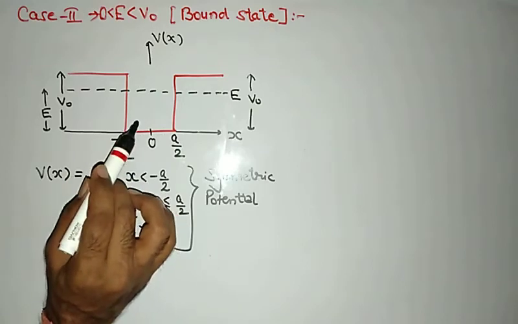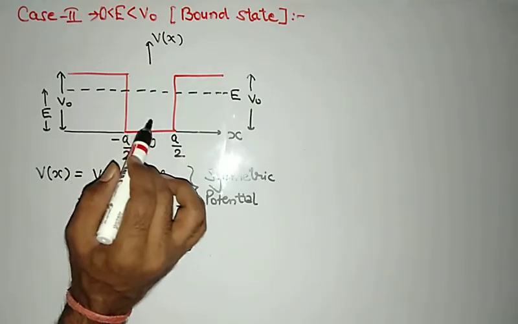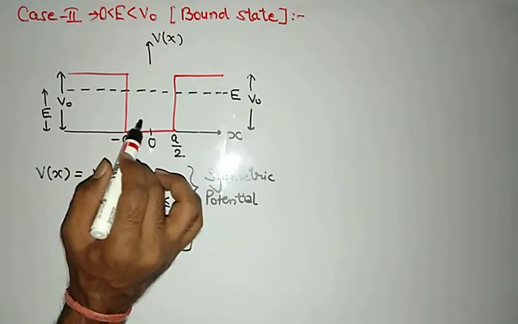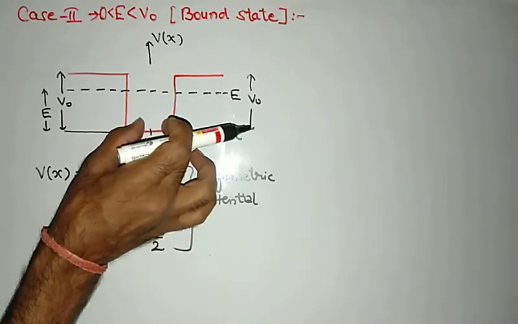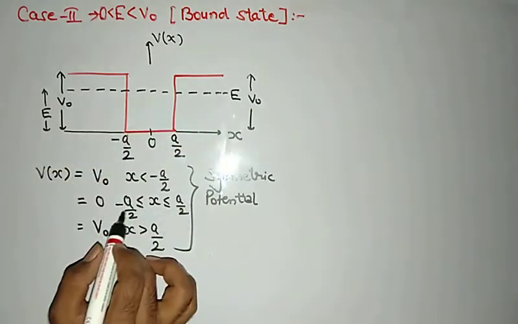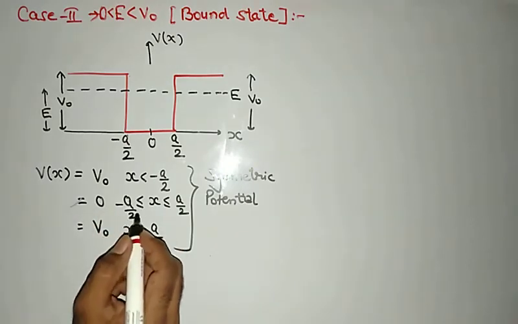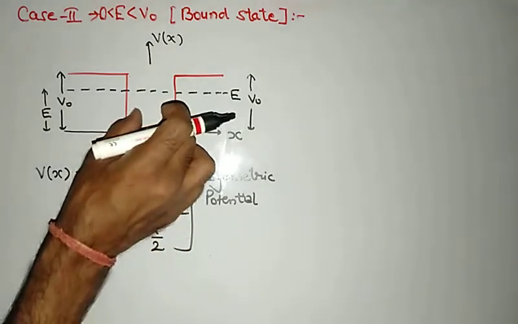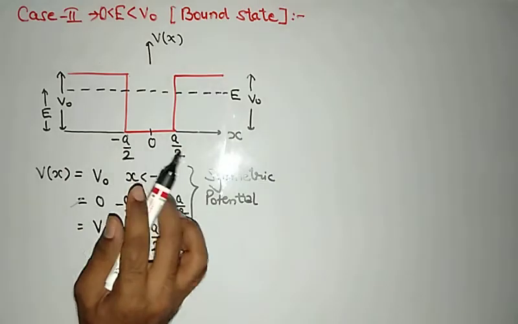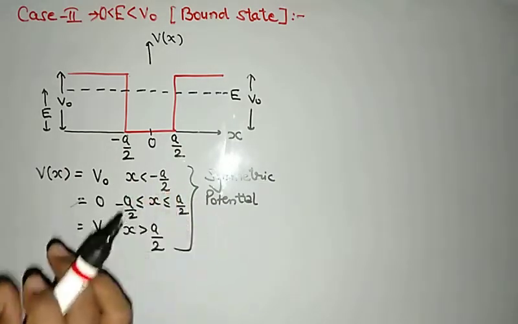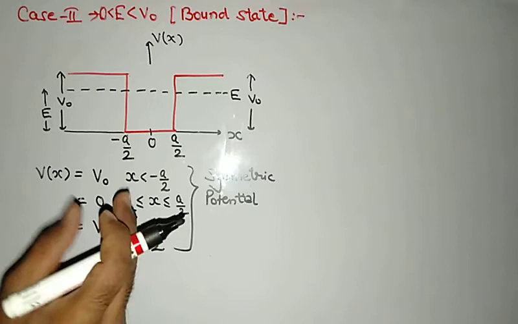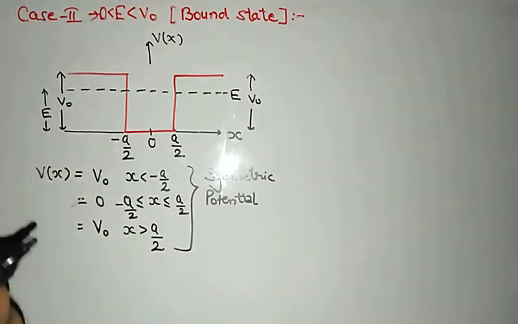It means that classically the particle will move only in this region, that is from minus a by 2 to a by 2, and be reflected at a by 2 and minus a by 2. So this is the classical statement.